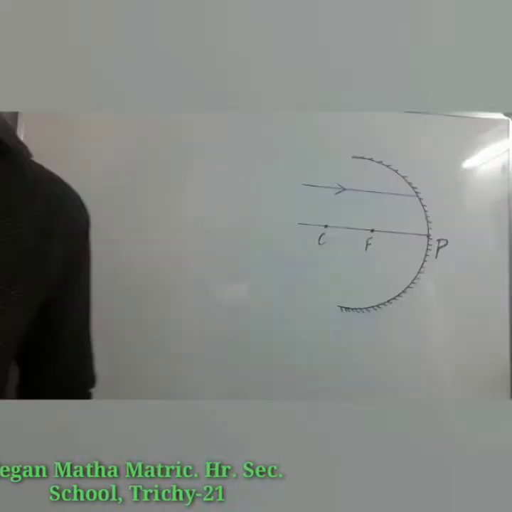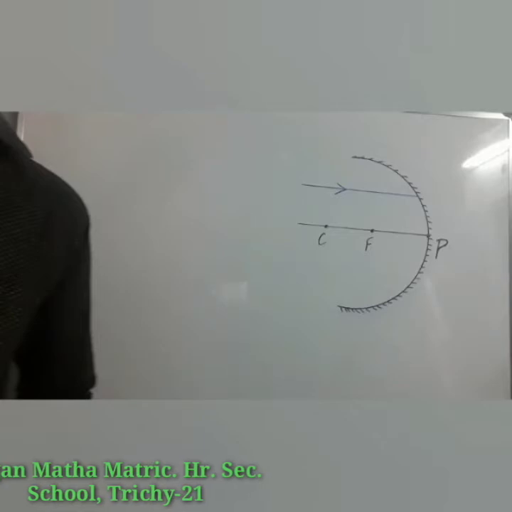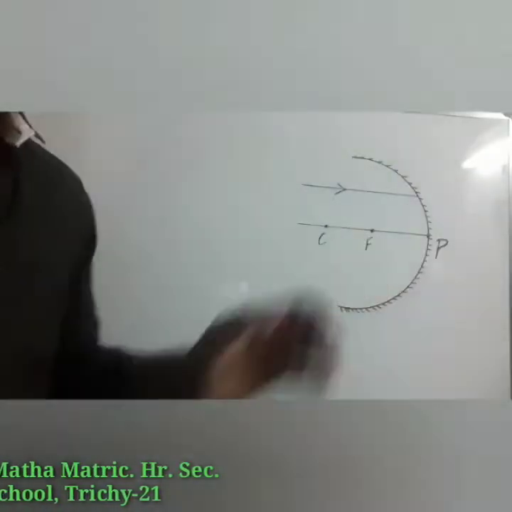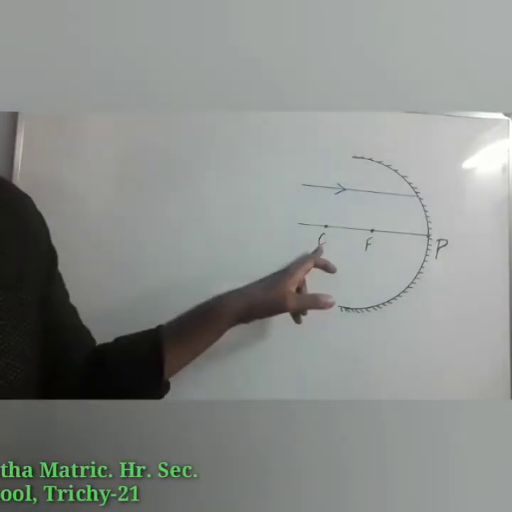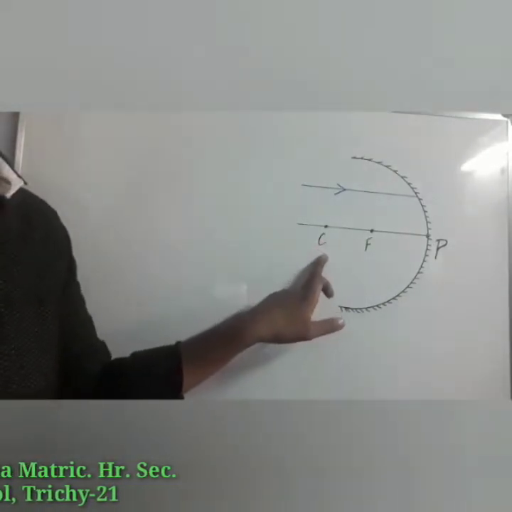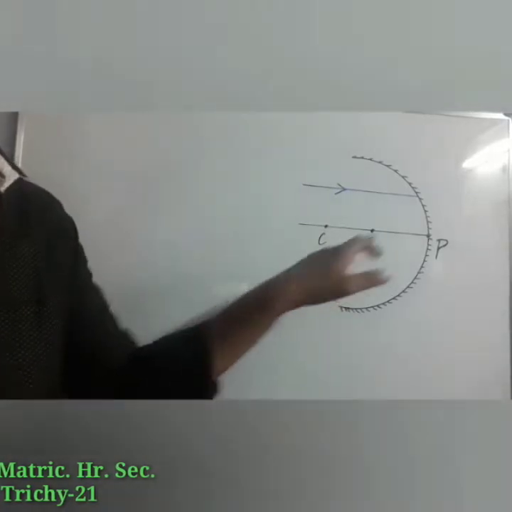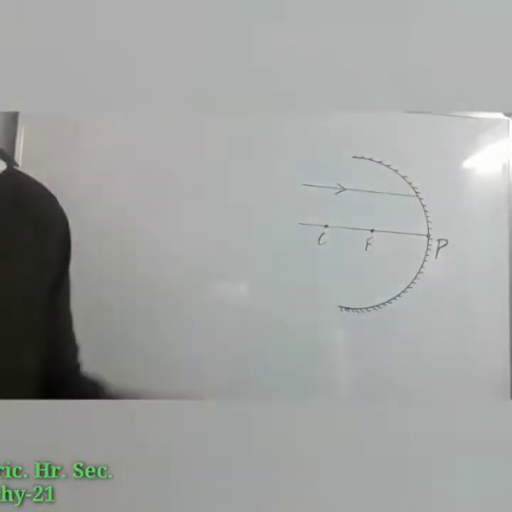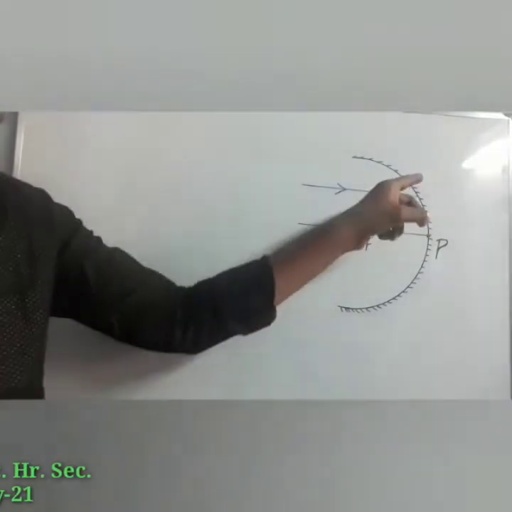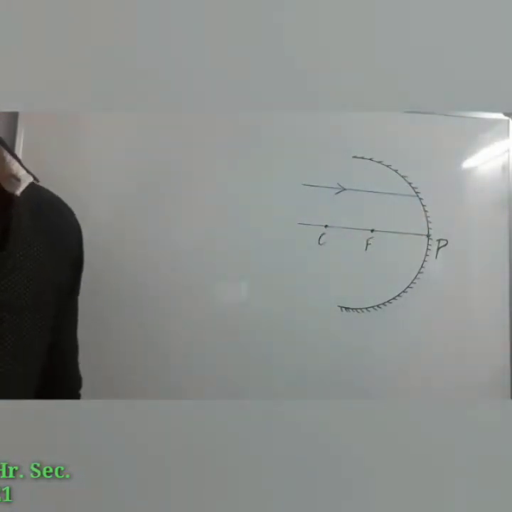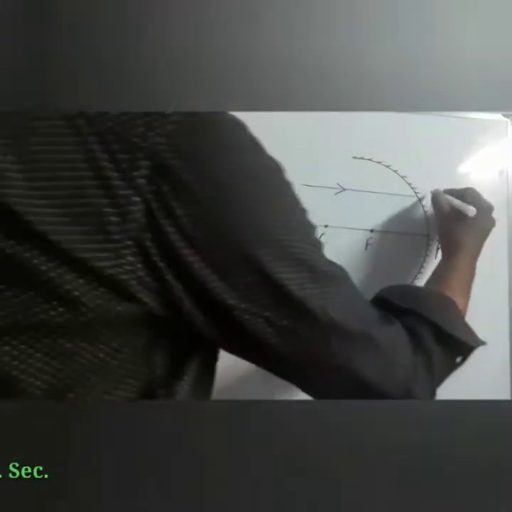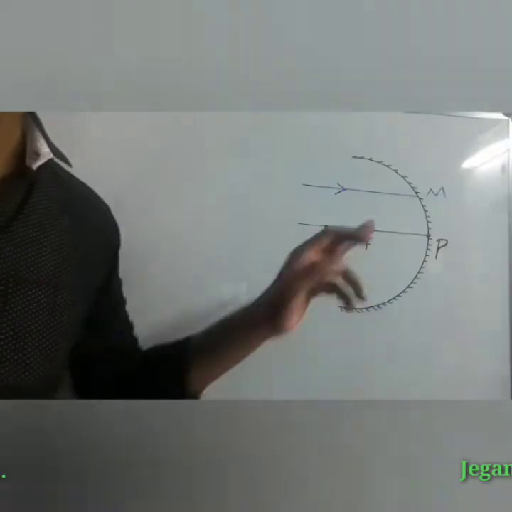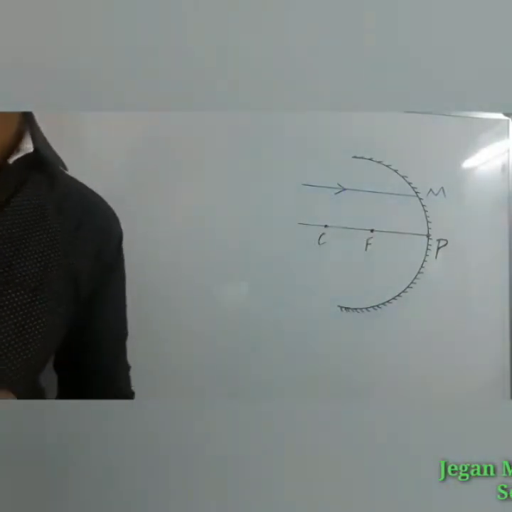Now we are going to obtain the relation between the focal length and the radius of curvature. Here we have taken a concave mirror. As we have discussed, C is the center of curvature of the mirror. Consider a light ray parallel to the principal axis incident on the mirror at the point M and passing through the principal focus F after the reflection.